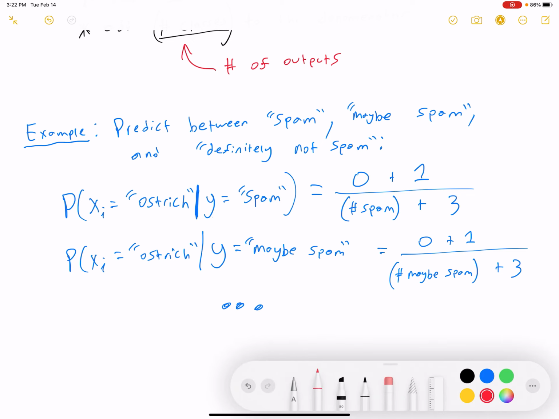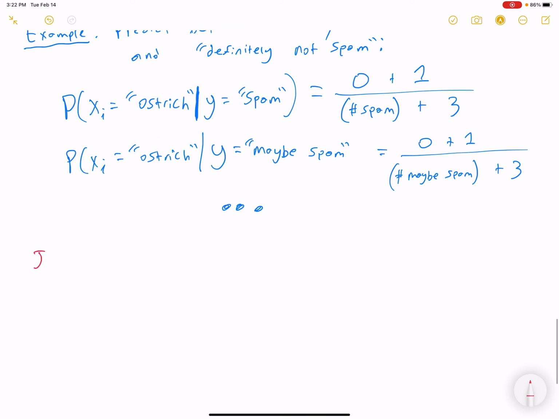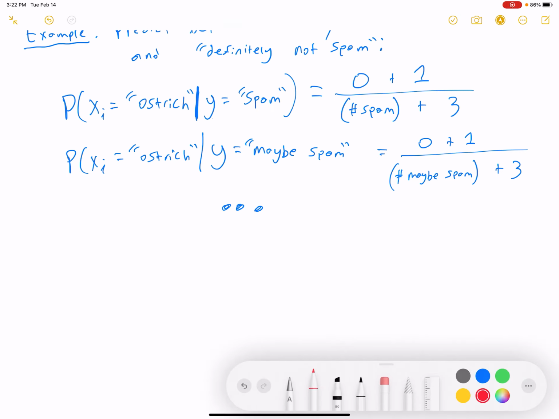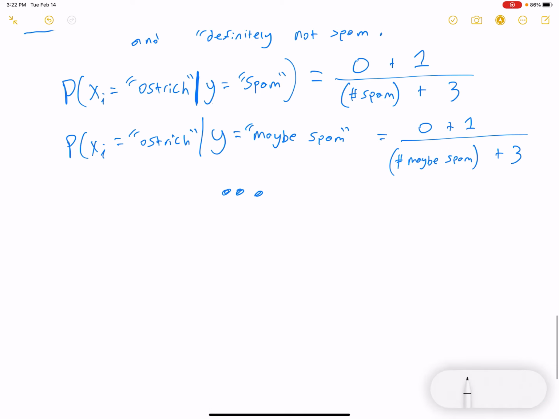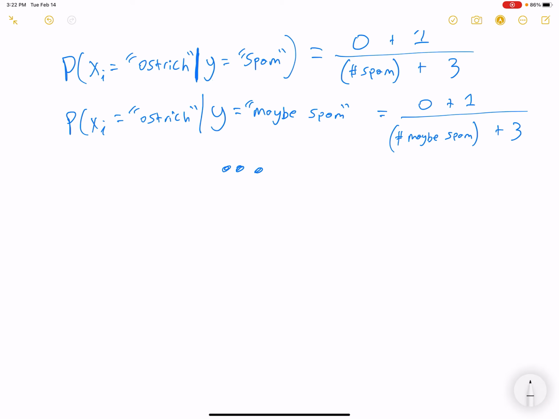So connecting this to homework 3, actually one more thing before that. You could have a general variation of this, and this is what you do in homework 3.